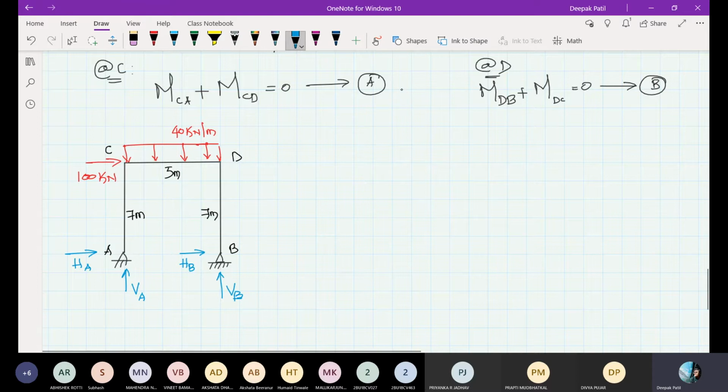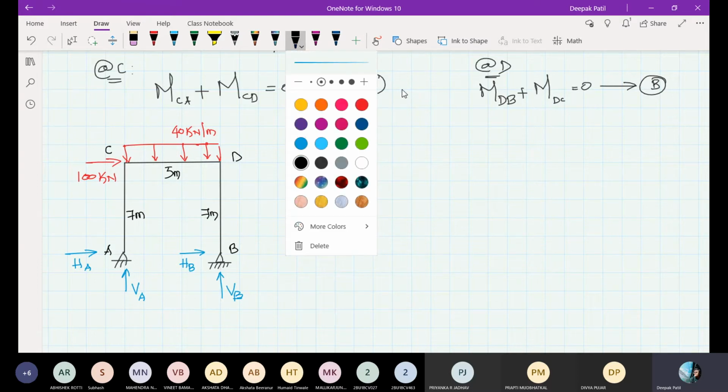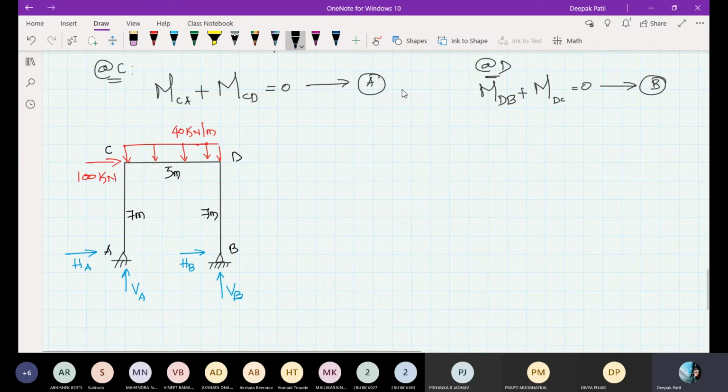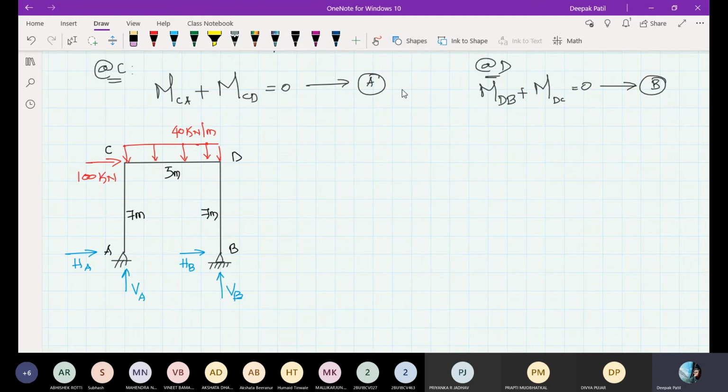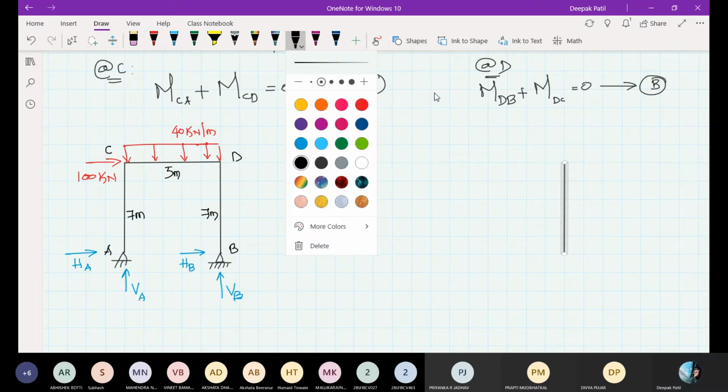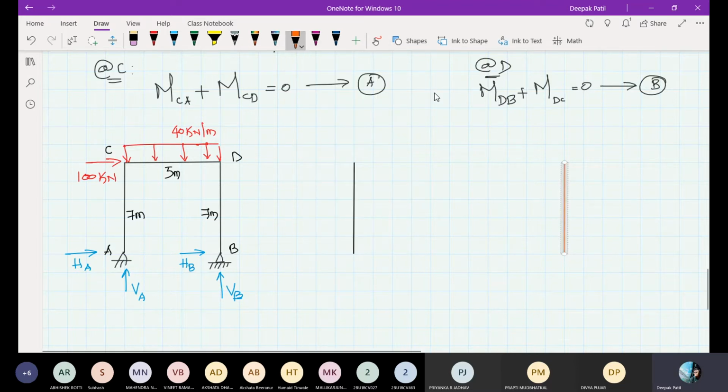Now, next step, I will take column AC and column BD separately, and I will draw the free body diagram of these two columns. Let me explain how that free body diagram is. I'm taking only column AC separately, and also column BD separately. Next, I will write what kind of moments will come.